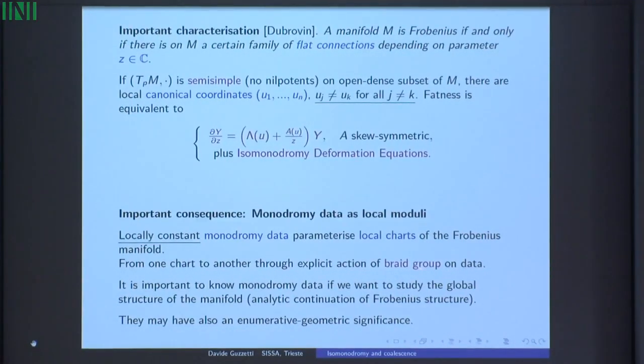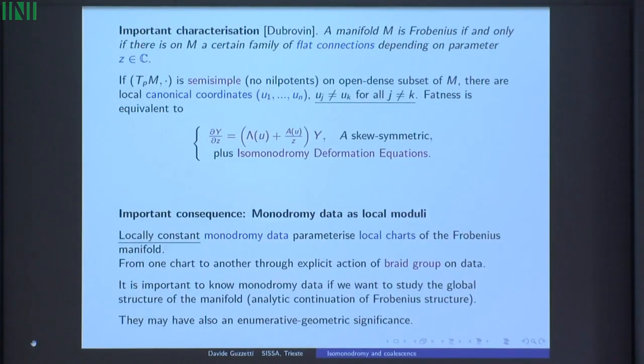And you can also do an analytic continuation of the manifold. Given a set of monodromy data on a chart, there is a simple action of a braid group which can give you the data on another chart. So it's enough to know the data on a chart, so it's enough to know the system on a chart, and you can do the analytic continuation of the Frobenius manifold structure.